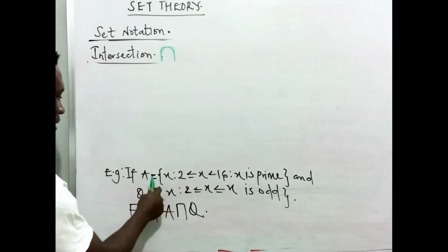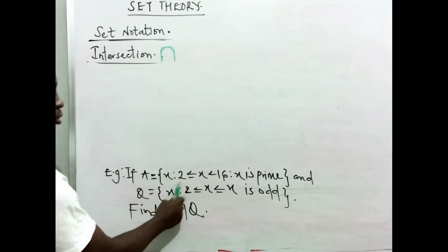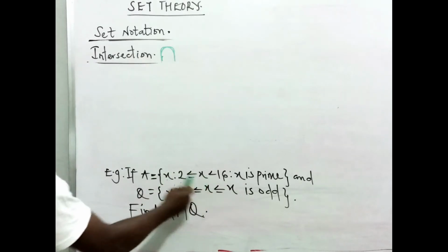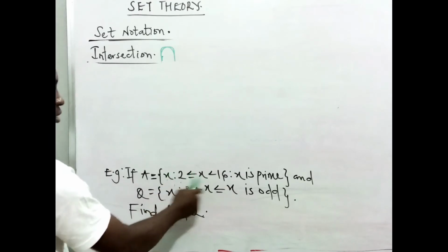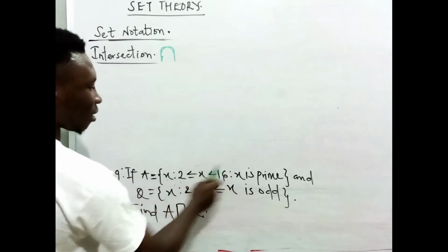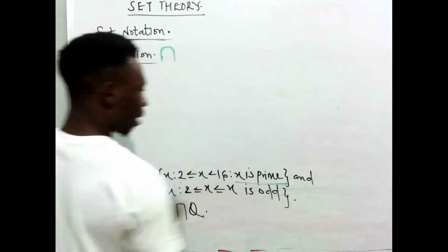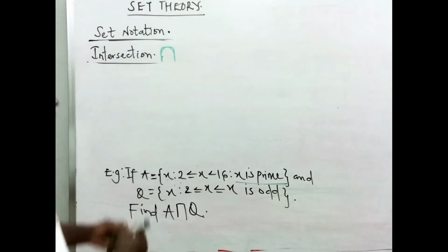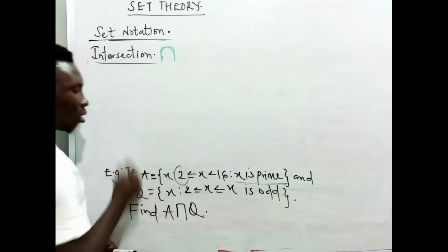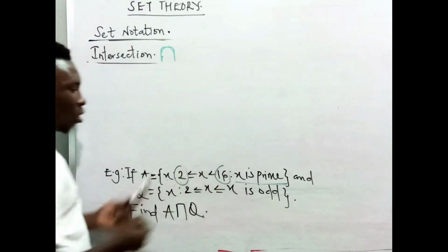Now, it says here that x is such that 2 is less than or equal to x, is less than 16, and x is prime. Now, look at this. This has a lower bound and an upper bound.